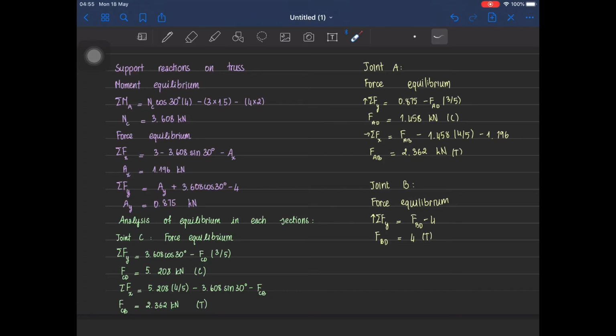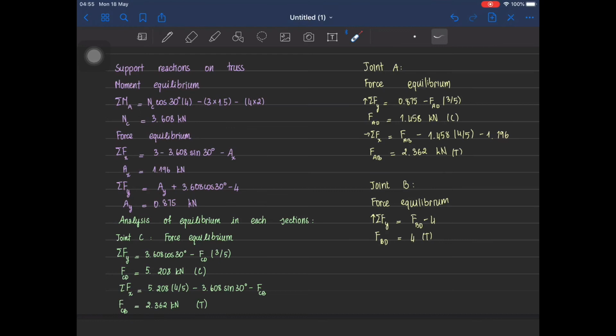At first, we might not know if it's compressive or tension, because in the free body diagram there's only things like this. But if you're not pretty sure about whether it's going here or going back or going up or down, we just draw the free body diagram first and calculate the equilibrium.